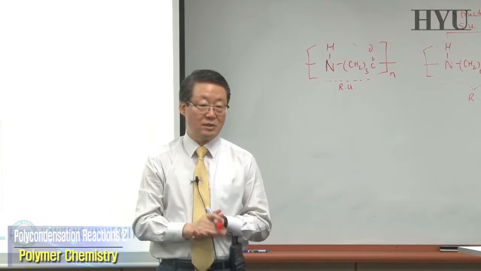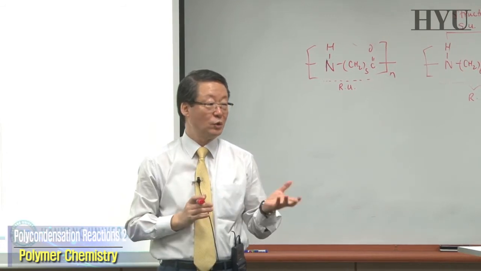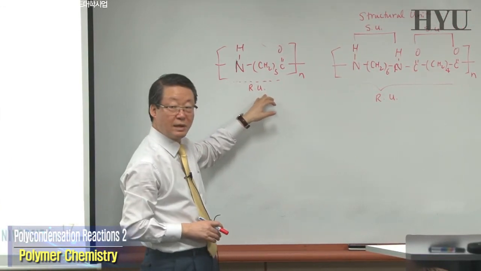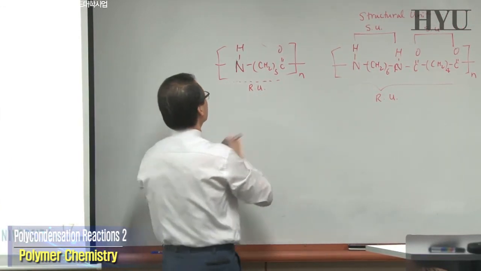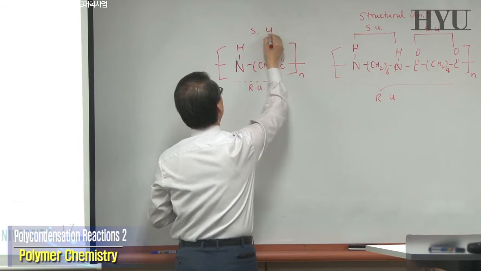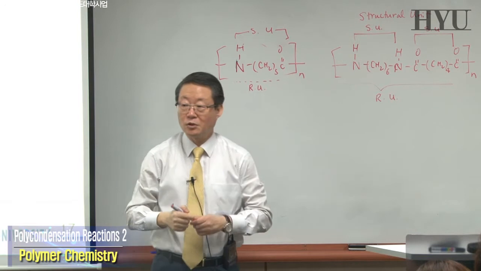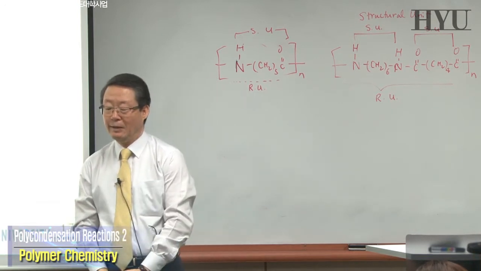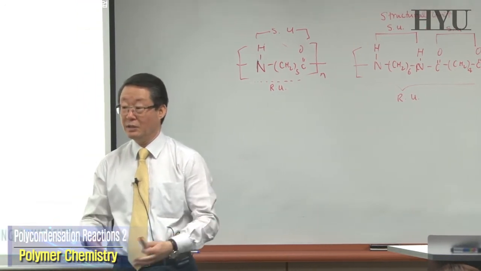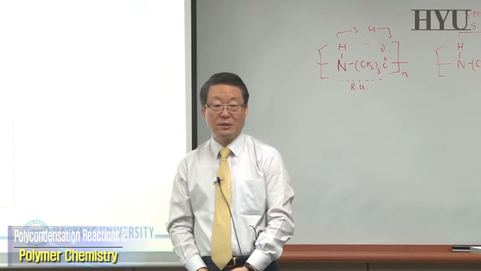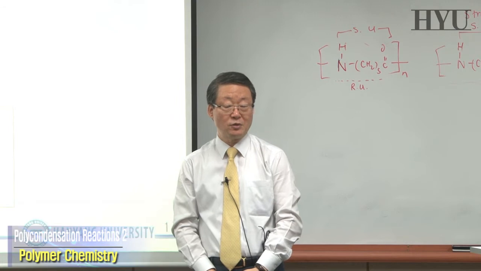But in the case of nylon 6, the structural unit and repeating unit are the same. So a structural unit is defined as the one monomeric unit that is participating in your polymerization system.